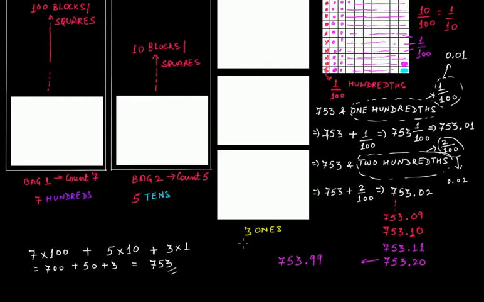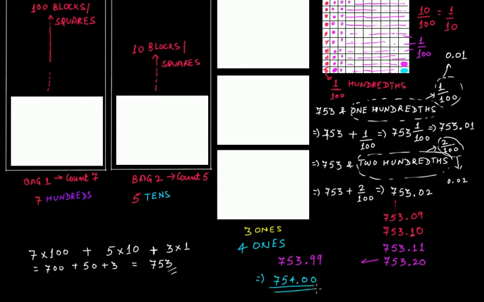Now again you'll be having 4 ones. Since you are having an entire unit, this will enter into this club of ones. Now you're having 4 ones and 0 tenths and 0 hundredths, no tenths and no hundredths left. So therefore your number will again become 754, 0 tenths and 0 hundredths. You're not left with any tenths or hundredths because now you're having an entire unit.